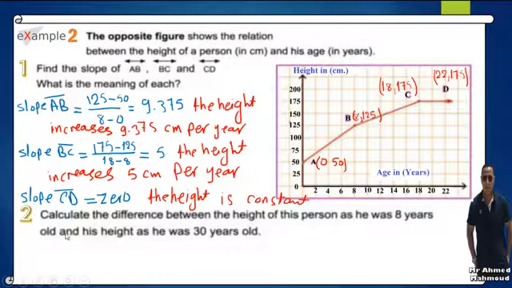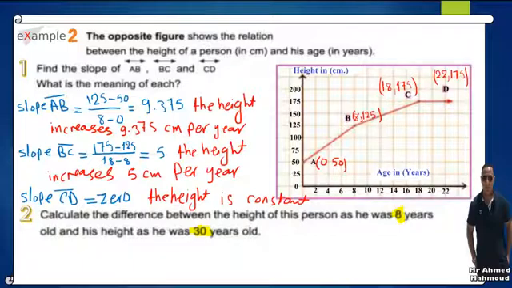Okay, the next question: calculate the difference between the height of this person when he was 8 years old and his height when he was 30 years. When he was 8 years, he was 125 centimeters.